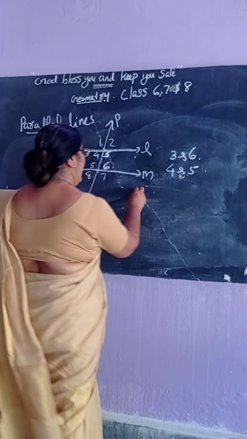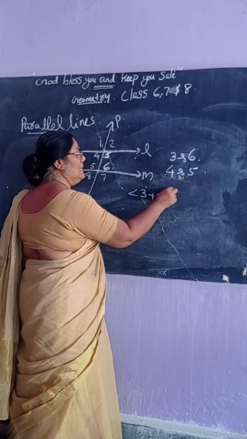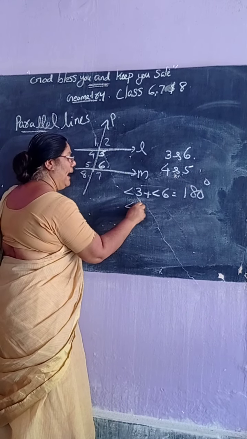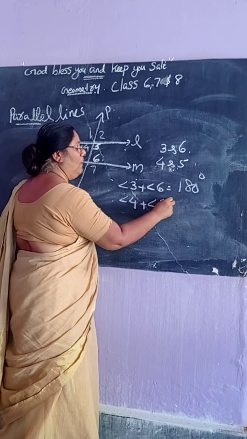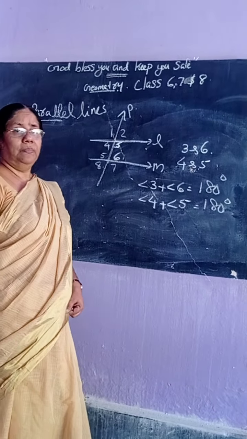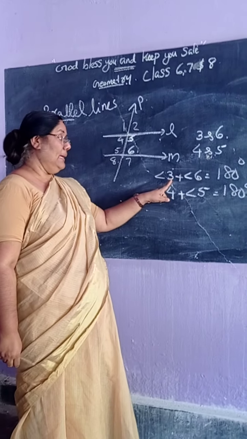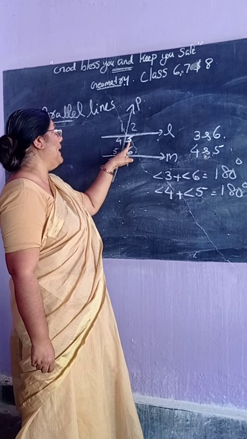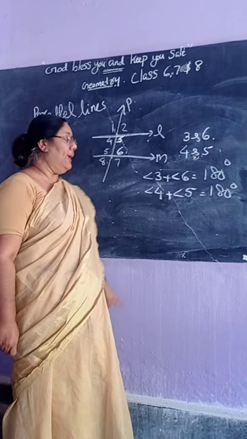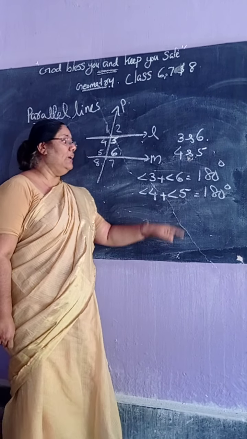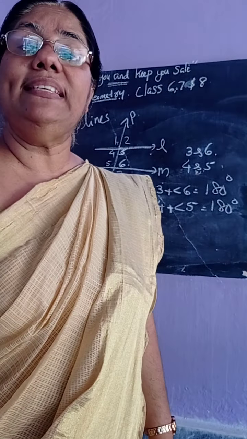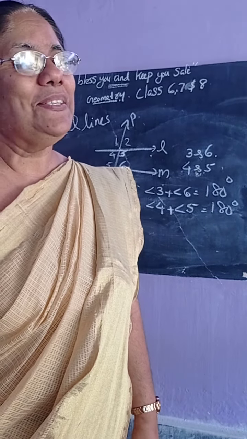That means angle 3 plus angle 6 gives 180 degrees, and in the same way angle 4 plus angle 5 gives 180 degrees. This is only notation. Angle 3 plus angle 6 is 180 degrees, and angle 4 plus angle 5 is also 180 degrees. That means co-interior angles are supplementary.